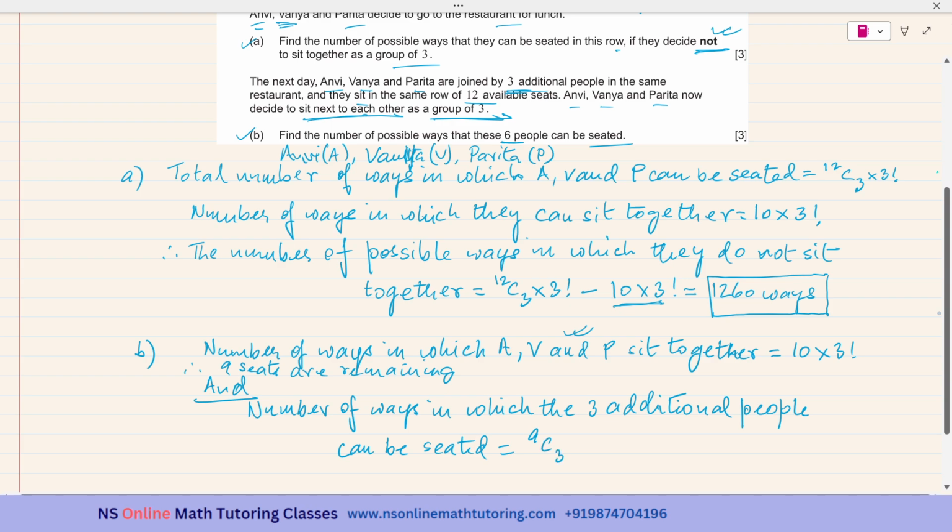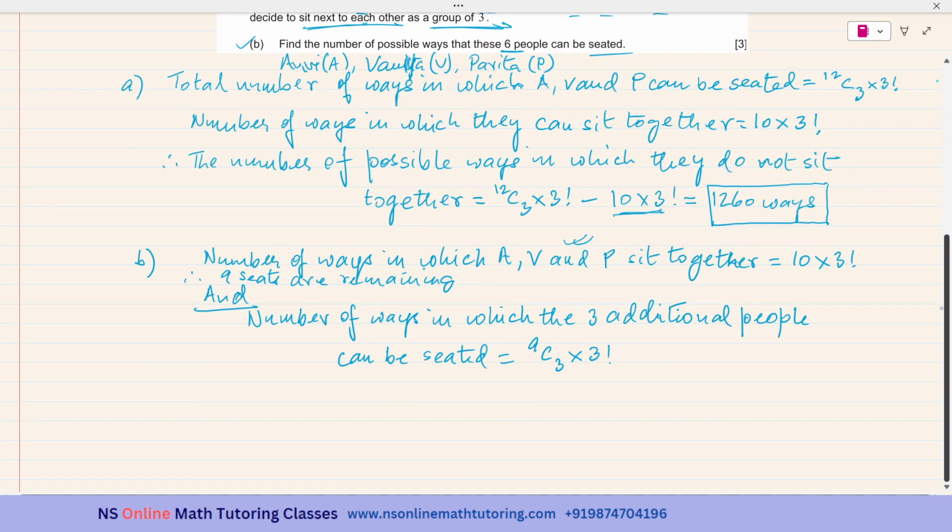From the 9 seats that are available, we have to first of all select 3 of them, and these 3 additional people can be arranged in 3 factorial ways on those 3 seats that we have selected. Okay. And these two are connected by this AND word. So these two will get multiplied.